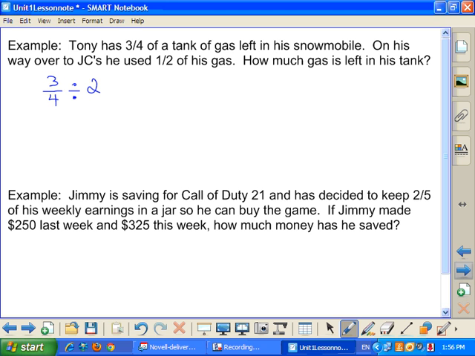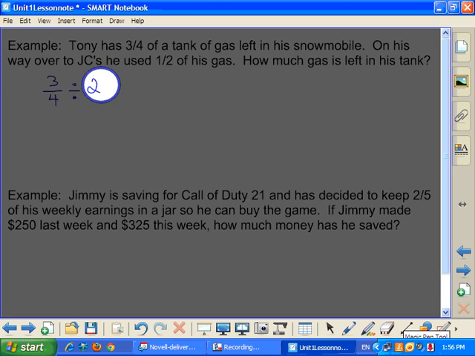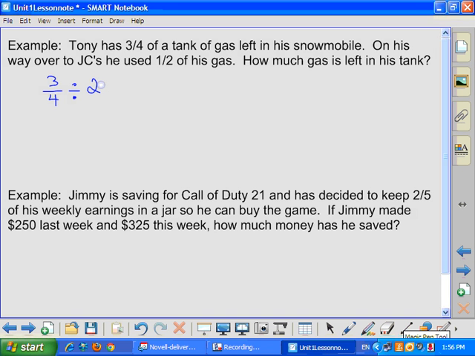Any whole number, okay, so this is a bit of a side lesson. Any whole number, like the number 2, we can write as a fraction. So I'm going to do this off to the side. This is kind of a thought bubble or a side note.